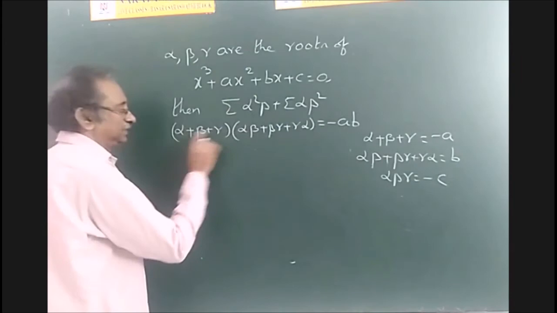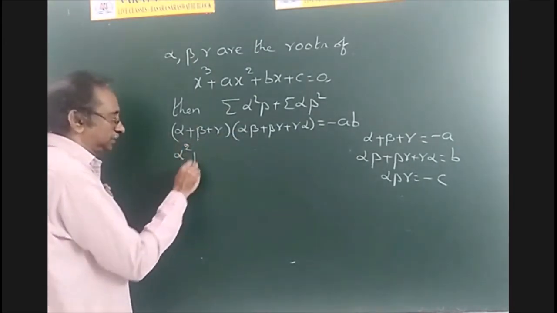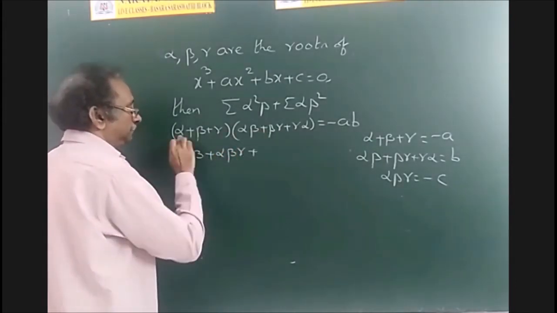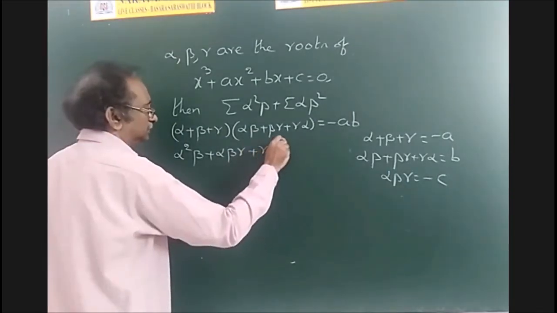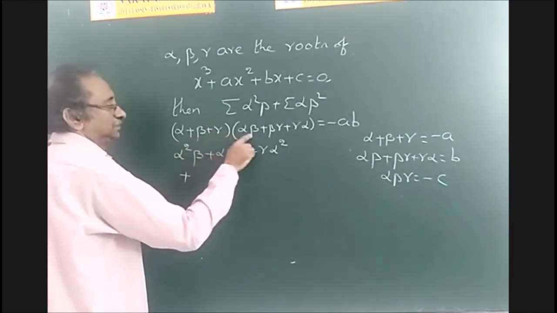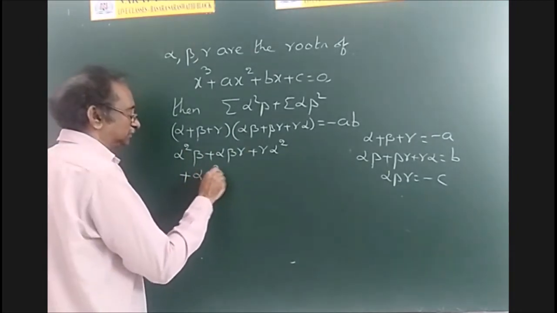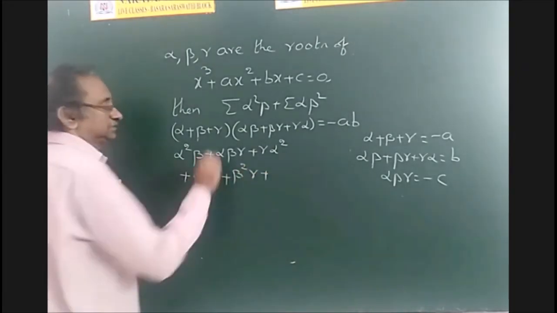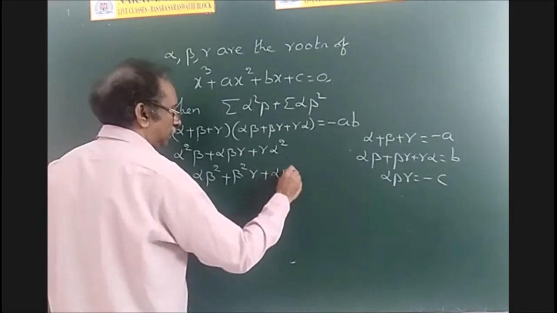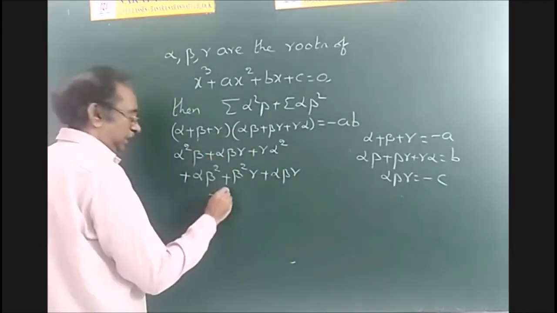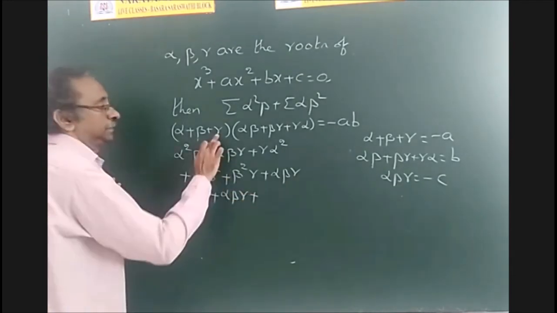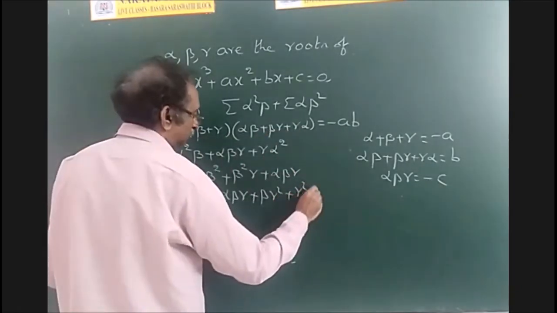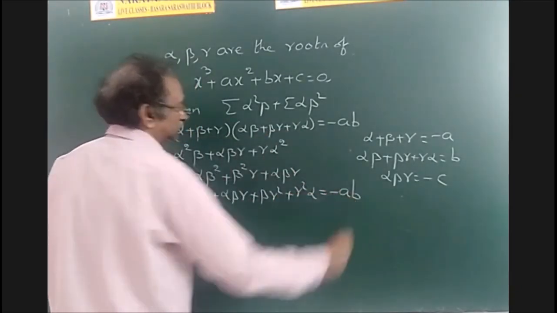Now multiply each term: alpha square beta plus alpha beta gamma plus gamma alpha square, plus alpha into beta square plus beta square gamma plus alpha beta gamma, plus again alpha beta gamma plus beta gamma square plus gamma square alpha is equal to minus ab.